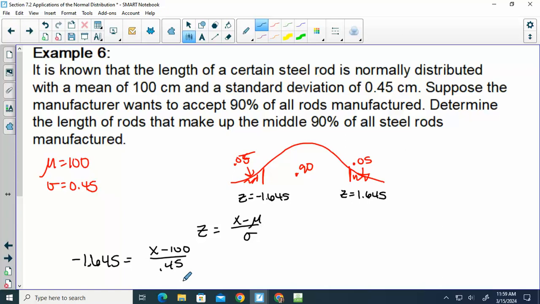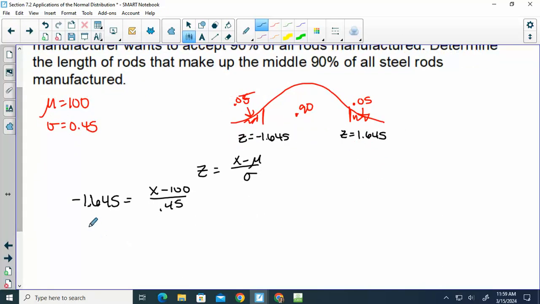Multiply over the 0.45, add over the 100. Do that for both the z values.